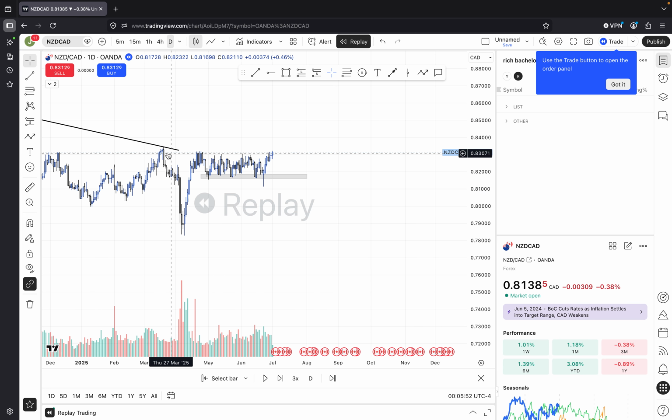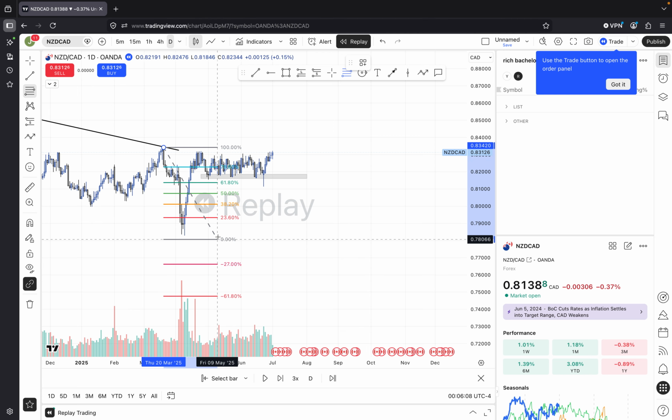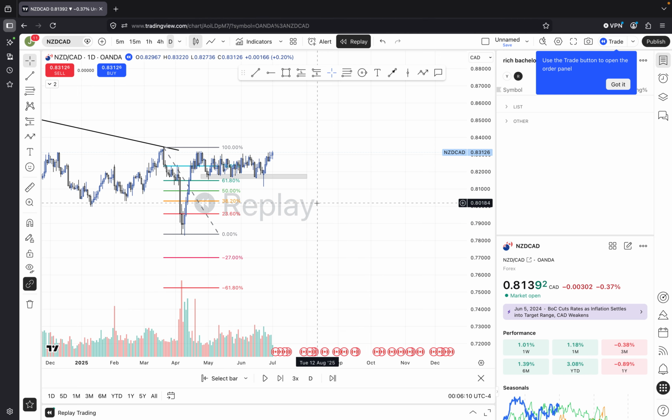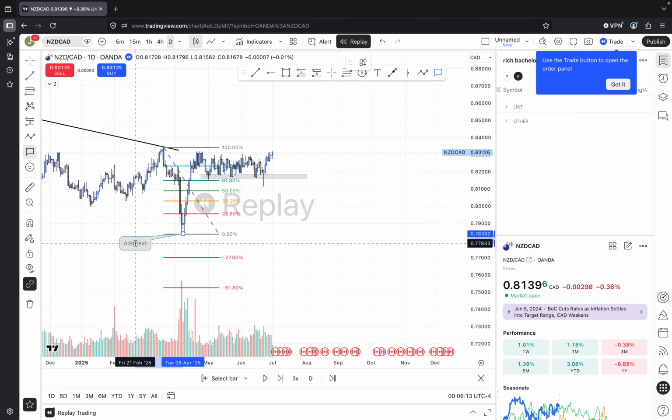So I took this point right here, and then I did a little trick, which is basically take my Fibonacci tool and put it from point A to point B. This is point B. This is point A. So we have point A, point B. This is our indication.